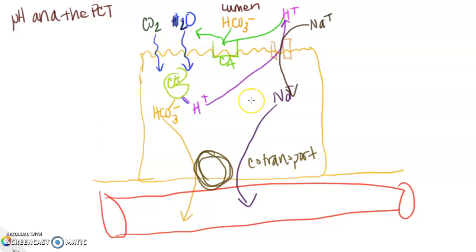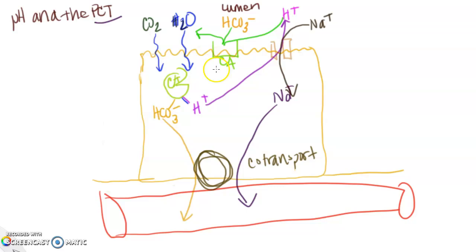And this occurs at the PCT again. So at the PCT, we're not really in an acidic or an alkalosis situation. The PCT is just basically taking all those solutes that were dumped out and reabsorbing them. So part of that is bicarbonate. We're reabsorbing like a pound of baking soda per day at the proximal convoluted tubule.